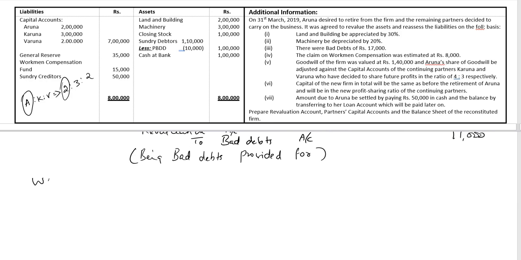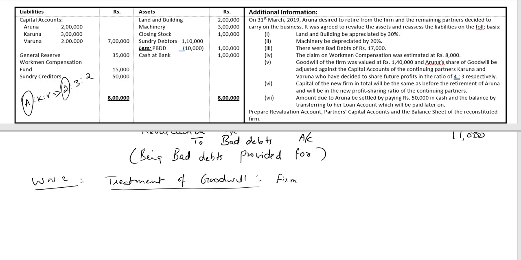The working note 2, treatment of goodwill. As per the problem, firm's goodwill is equal to rupees 1,40,000.